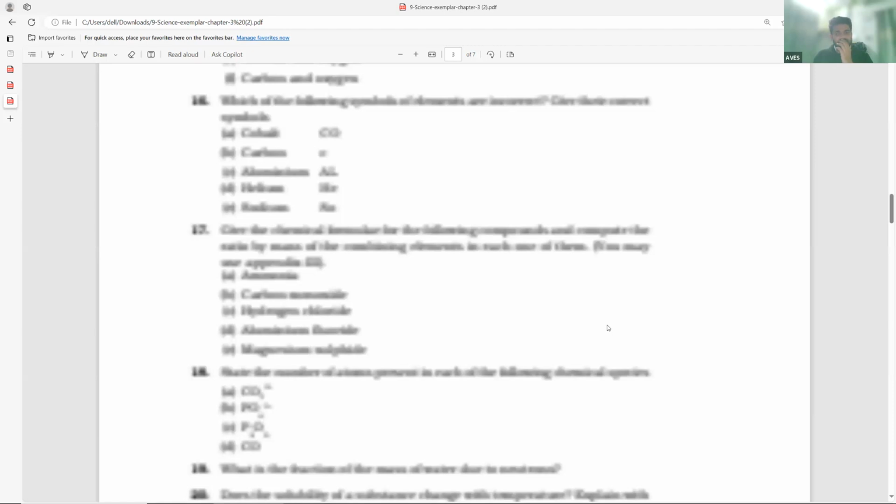Structure of atom. Okay, just change this. Is it visible now?